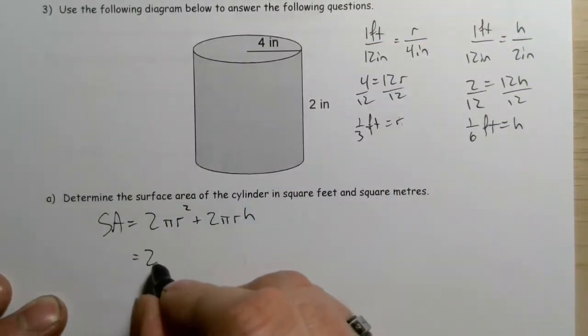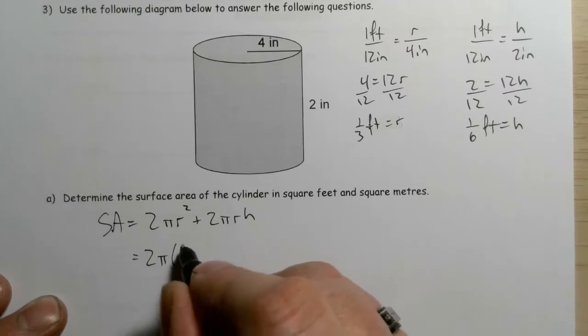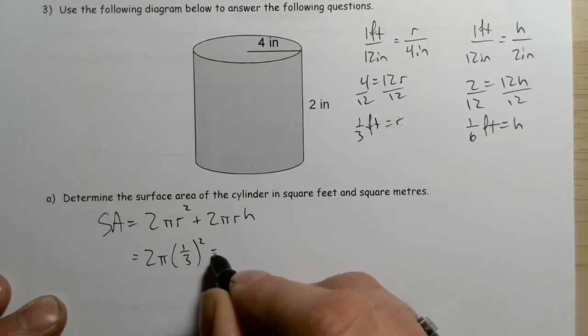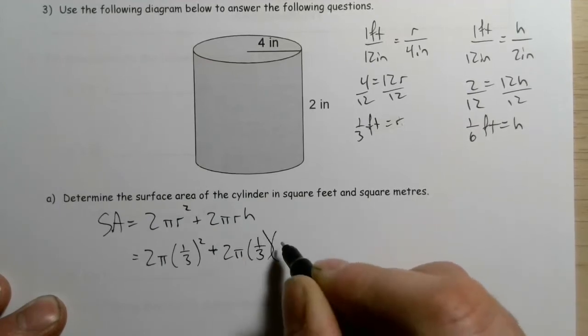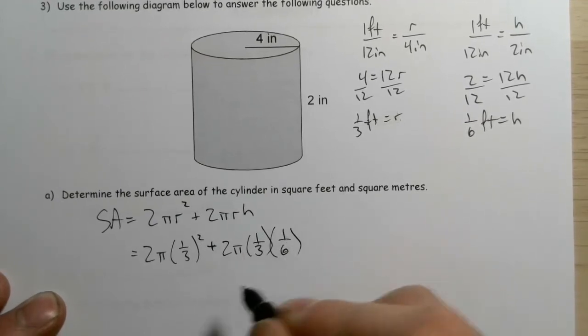So in this case, this will be 2 times pi times 1/3 squared, there's my radius, plus 2 times pi times 1/3, and then the height was 1/6.